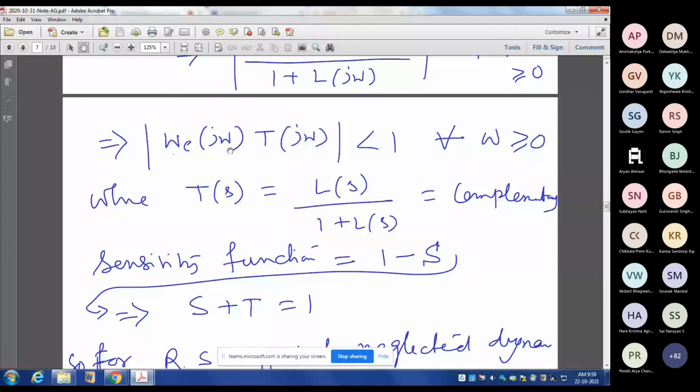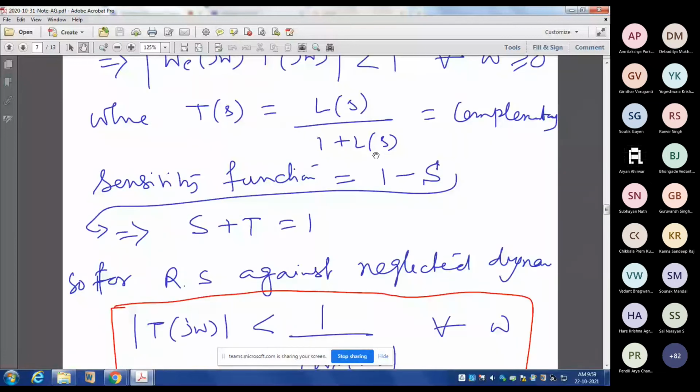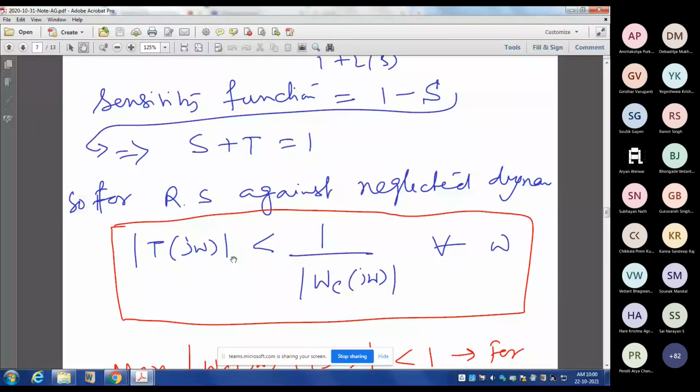From here you can write that the complementary sensitivity plot should lie below the 1 by WC(jω) plot. This is a very important thing.